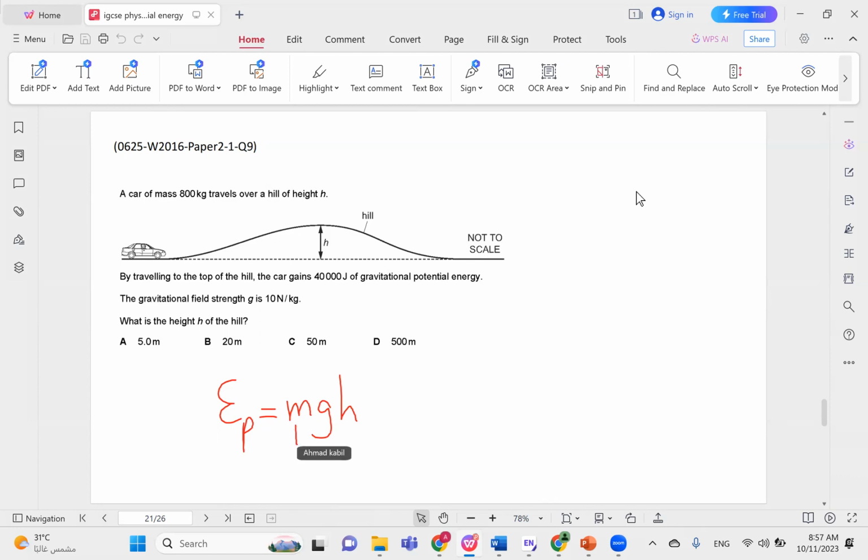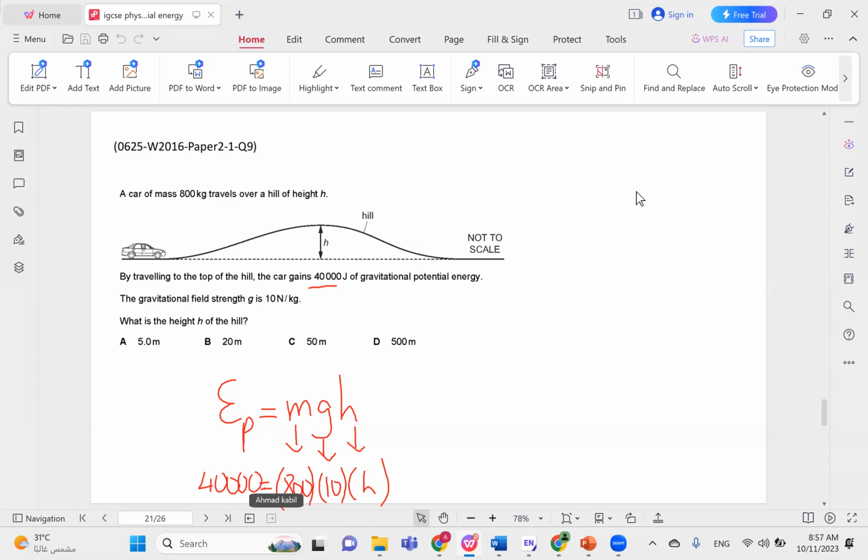The m, as given in the problem, is 800. The gravity is 10, so we multiply 800 by 10 by h. All of this is equal to the gain in potential energy, or again, the change in potential energy, which is 40,000. This is a simple problem.